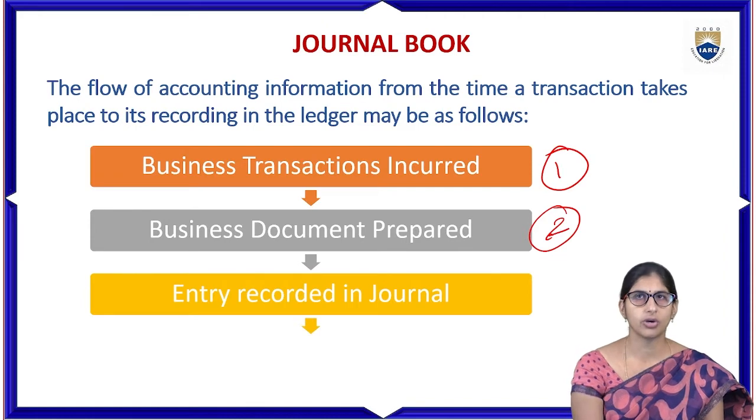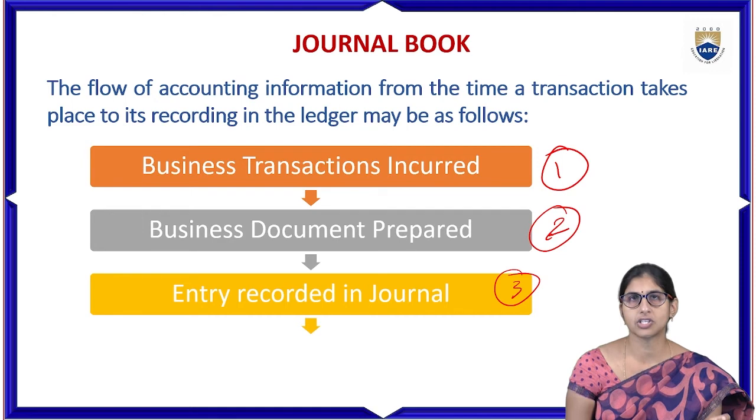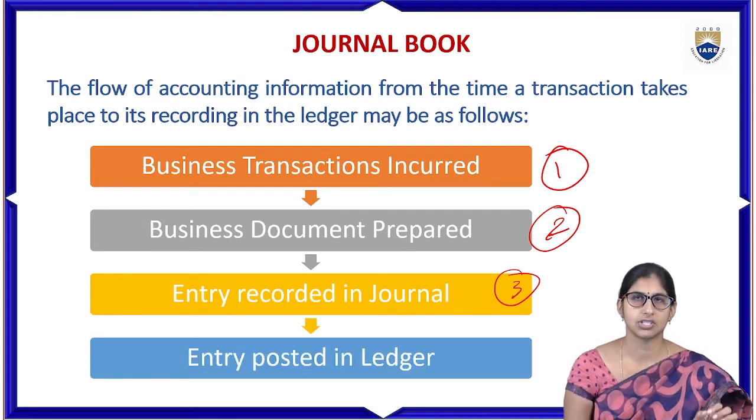So we enter the record in the journal book. Then this entry is posted in the ledger accounts, and through ledger accounts we prepare a trial balance. This is how the flow of accounting goes.